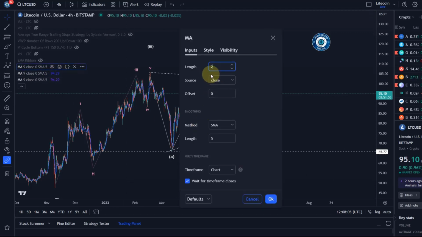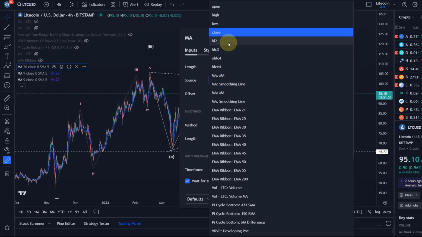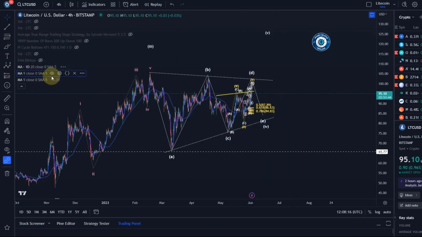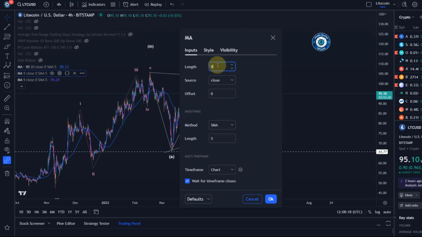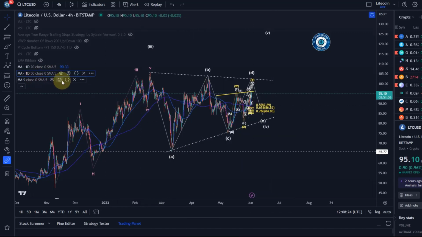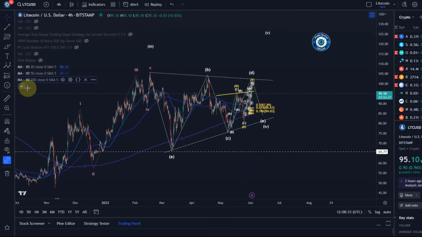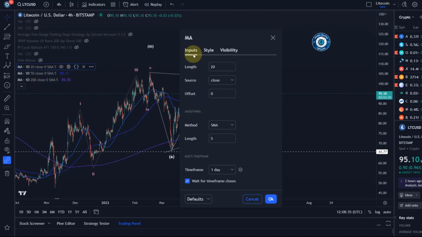What I normally like to use is the 20 day, and the 50-day moving average. And then either the 100 or the 200. I prefer to use the 200. It's more like a long-term thing. 200 day, usually I use the daily ones.